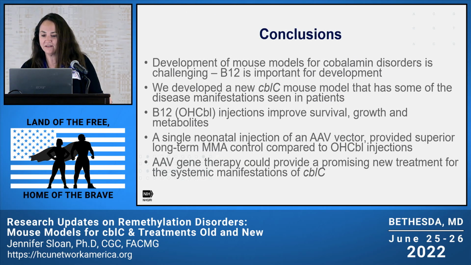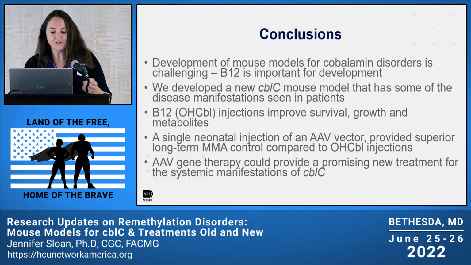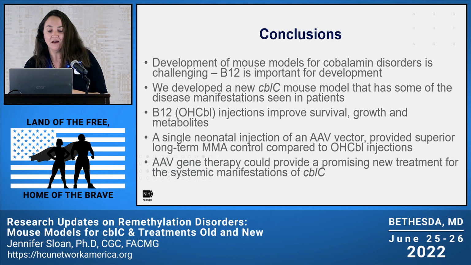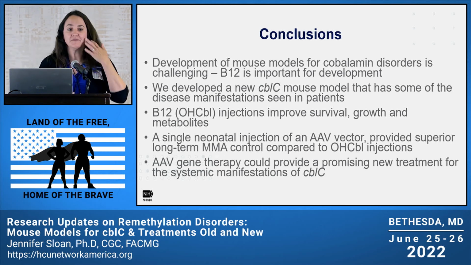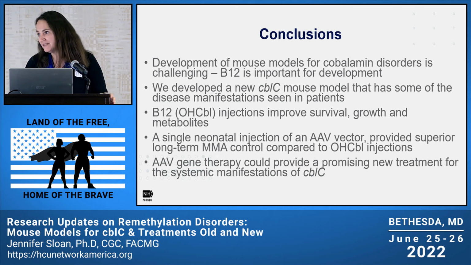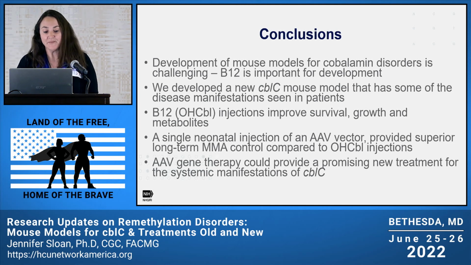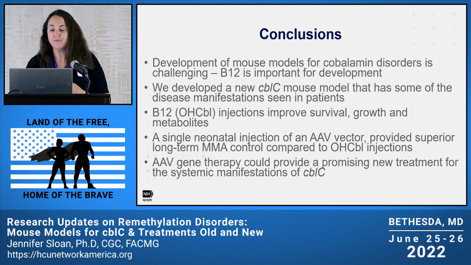So just in summary, we developed a mouse model for this cobalamin C, which is great because for some reason that we don't understand, mouse models for other cobalamin defects and even cobalamin C itself have been really challenging because they're mostly lethal and the mice don't get born. So we developed this mouse, and we were able to show really that the B12 improves the survival and the metabolic phenotype.